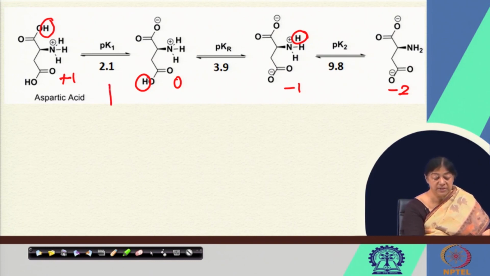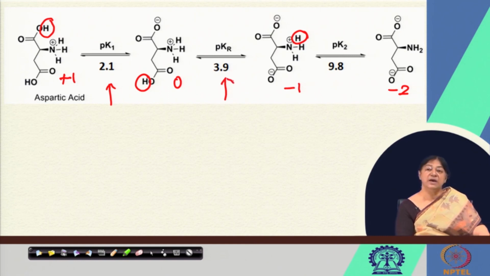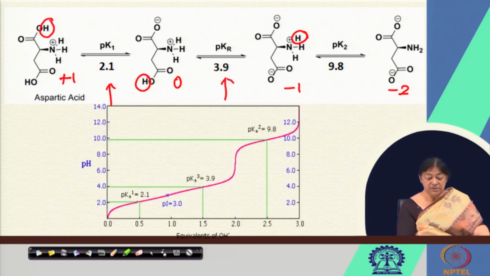So we need this pK1 value and this pKR value to tell us what the pI of aspartic acid is. So this is a simplistic way of looking at the titrations. We are adding equivalents of OH minus, we are looking at a titration where we have a pK value here, a pK value here and a pK value here, and we understand what each is for. So now we have a pI that is going to be the average of the pK1 and the pKR.